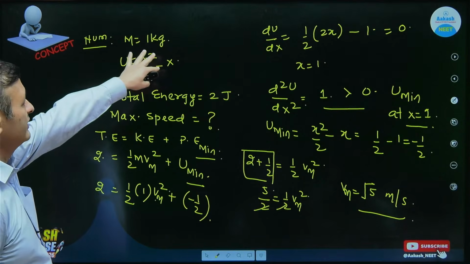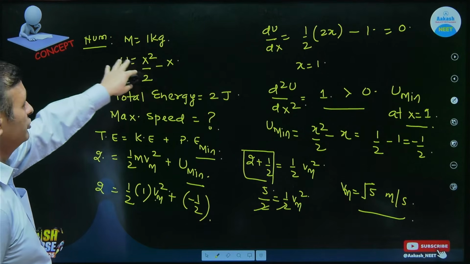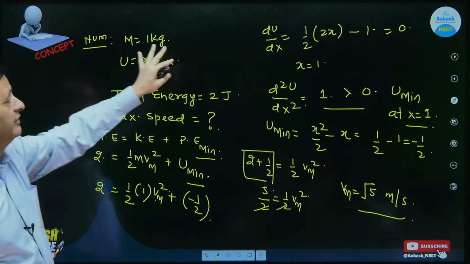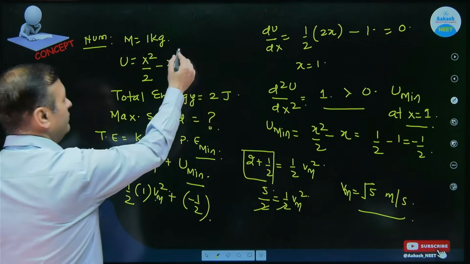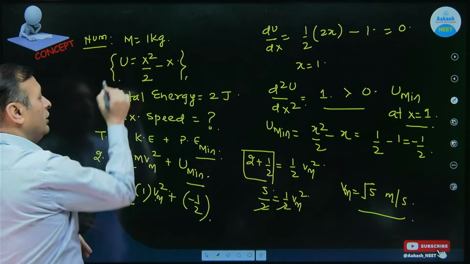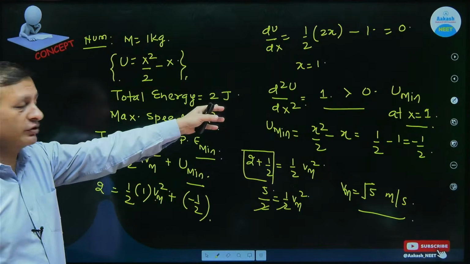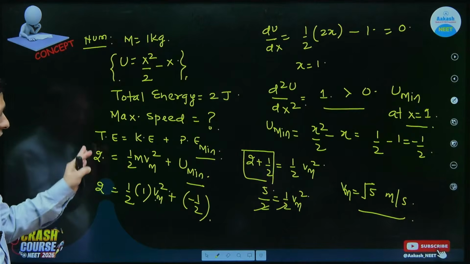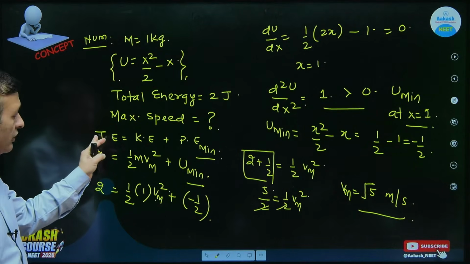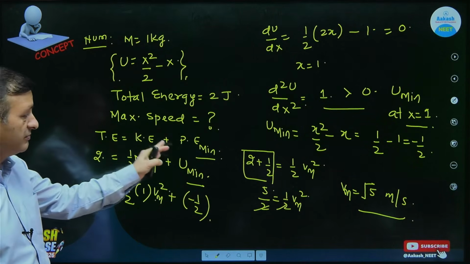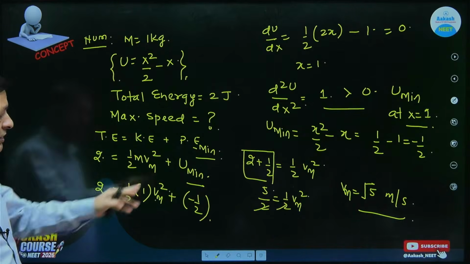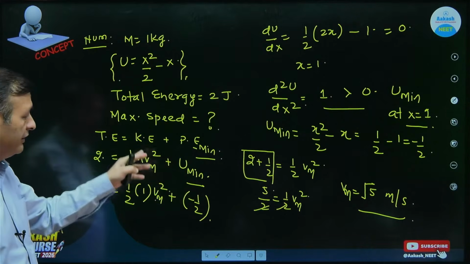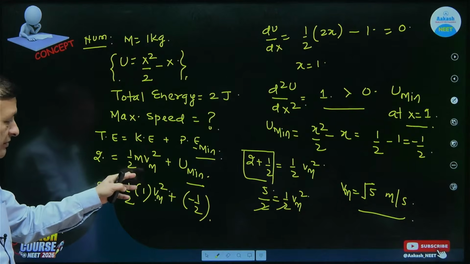Mass is known to us as 1 kg, and the expression of potential energy, how the potential energy in this situation varies. So this is the equation. If the total energy given to you for this particle is 2 joules, then we have to find out the maximum speed. We know as per the conservation of energy, total mechanical energy is kinetic energy plus potential energy. Potential energy is minimum, then only we have the maximum speed or the maximum kinetic energy.